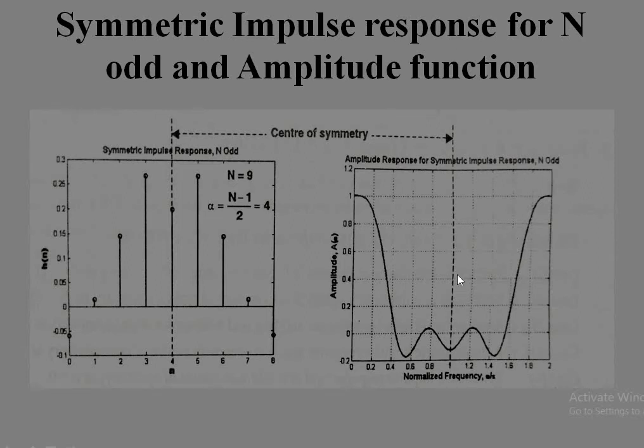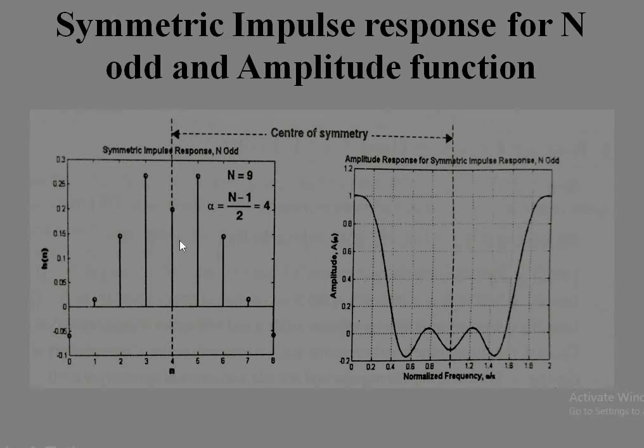and here as I have already said, this n is also considered to be an odd number which is equal to 9. When the impulse response is symmetric and n is odd, the frequency response is non-zero at 0 as well as pi, and so this frequency response can be used to design low pass, high pass, band pass and band stop filters.